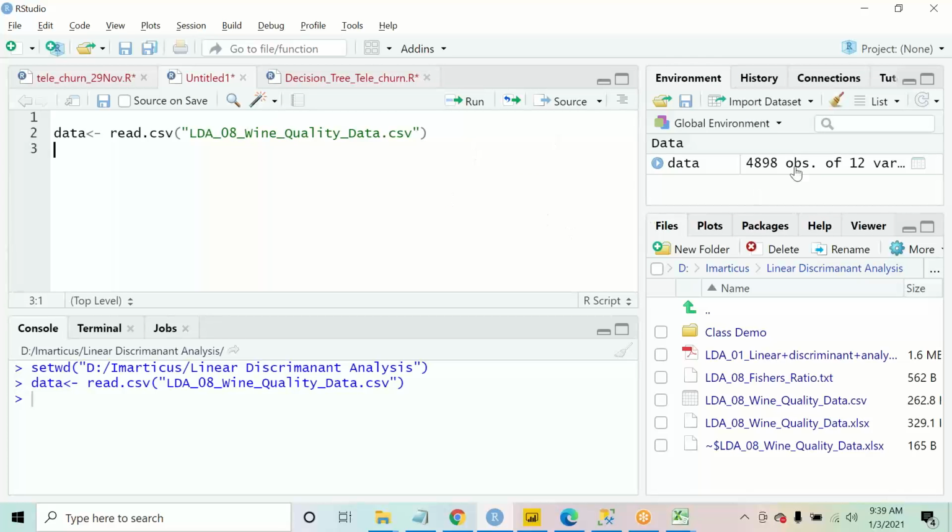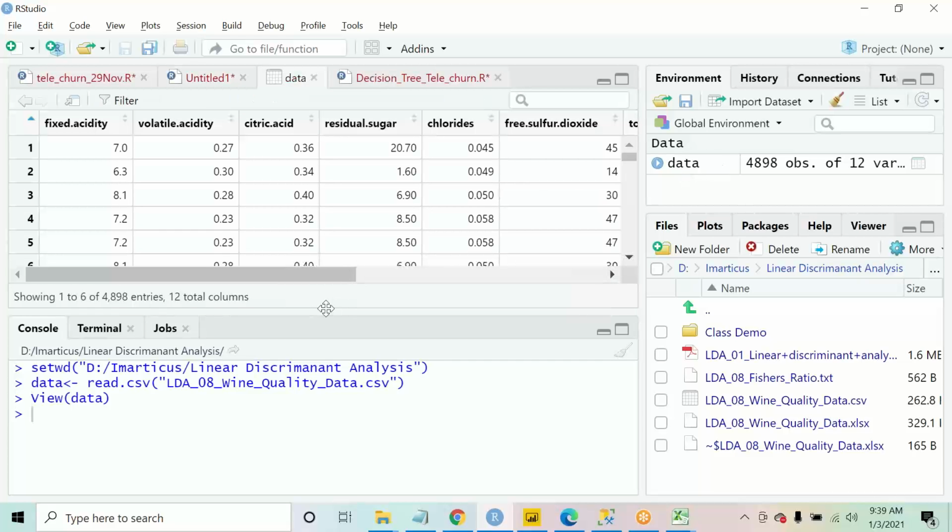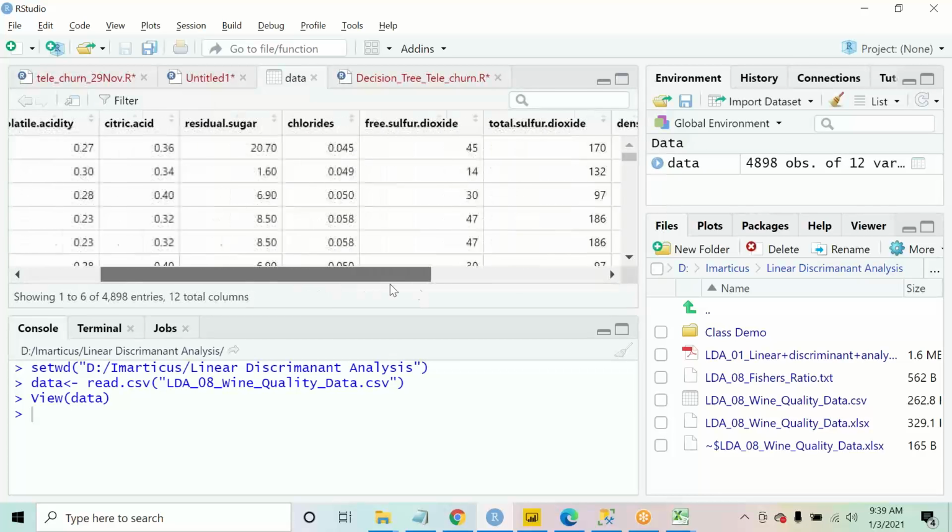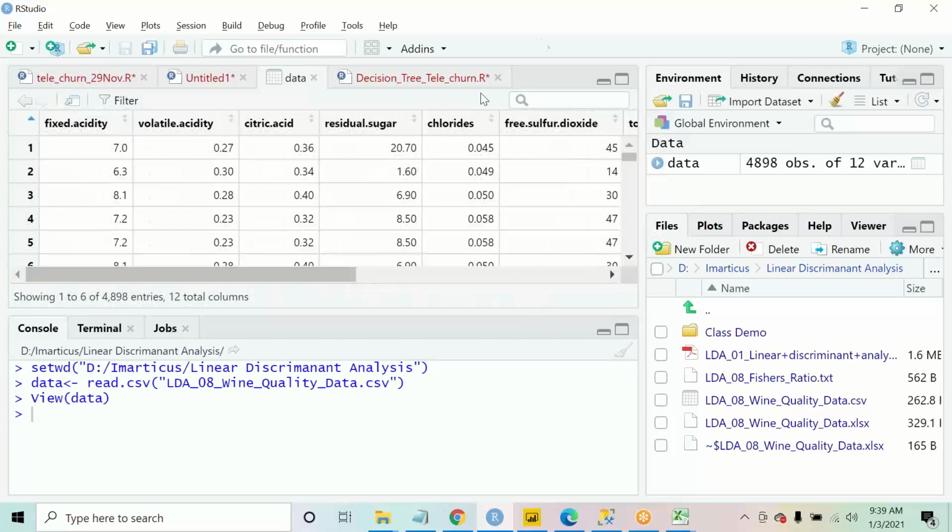Okay, so I have uploaded this data where we have 12 observations and 4898 records.